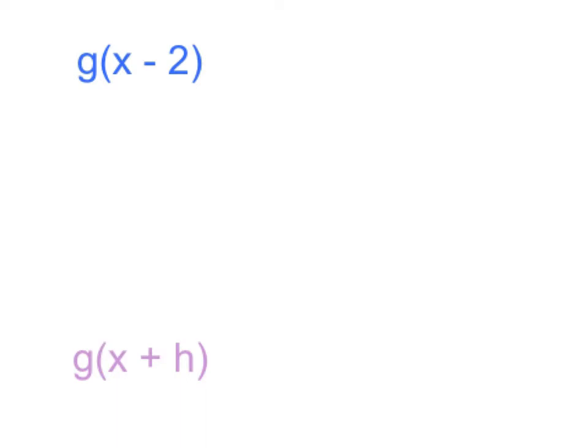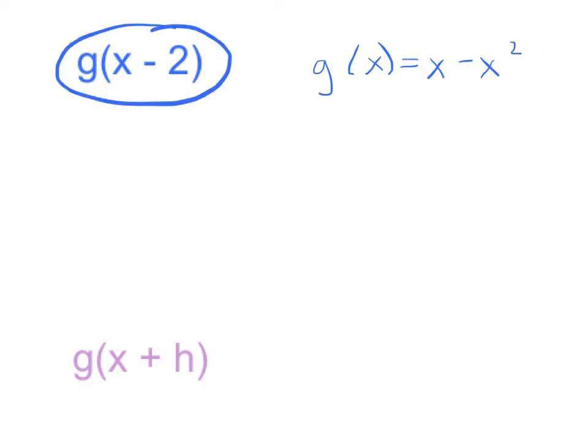Well, g of x minus 2 means that we take the g of x function, and I want you to pause the video and think about this. Pause the video and think, what am I inputting in this function expression? I hope that you answered that you are inputting a value of x minus 2. Note, this does not mean that you do x minus x squared and then put a minus 2 on the end.